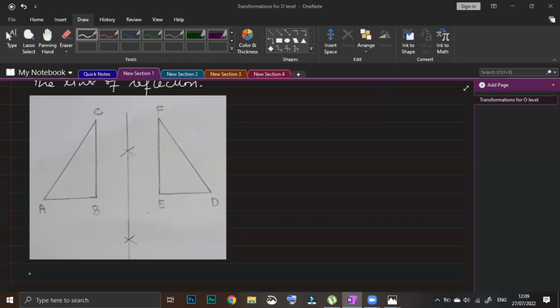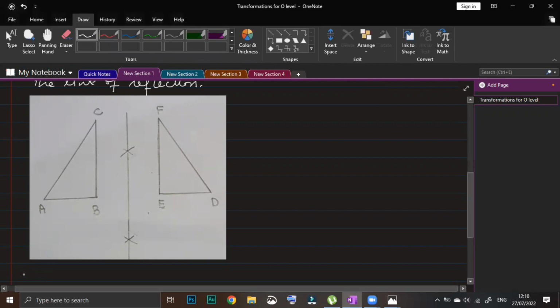So how can we draw the line of reflection or axis of reflection? We will draw a perpendicular bisector. So the answer to this question is: draw a perpendicular bisector.